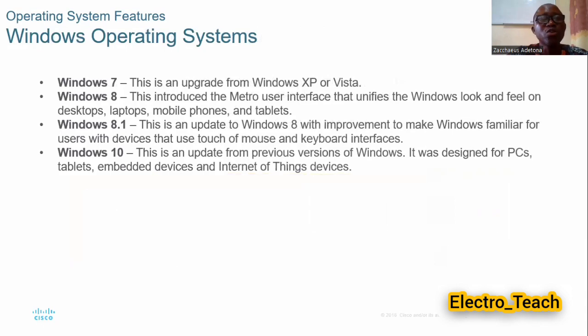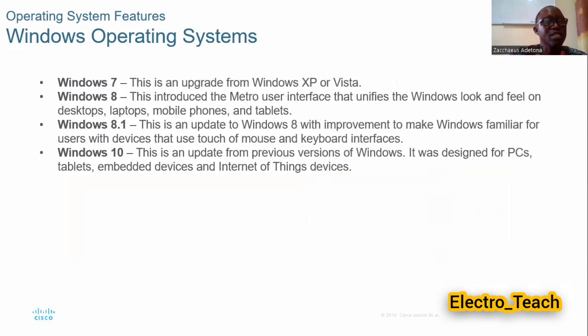Now we want to look at Windows operating system. We have Windows 7, Windows 8, Windows 8.1, and Windows 10. Those are the ones that we can say are the common operating systems right now for Windows. Before Windows 7, we had operating systems in those days: Windows NT, Windows 2000, Windows XP, Windows Vista.